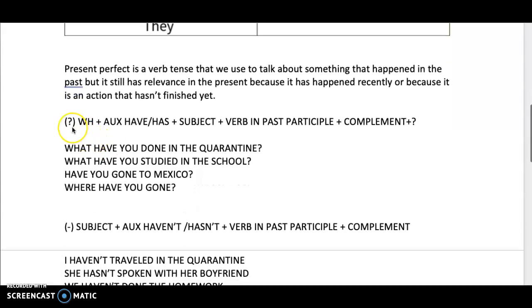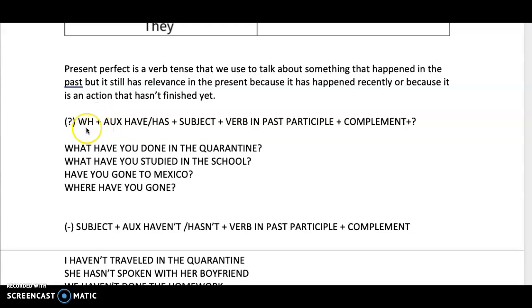Now, for interrogative sentences or question sentences, we have the auxiliary first. Remember what is the auxiliary? Have and has. But also we can have an optional WH question, not always, only if necessary.